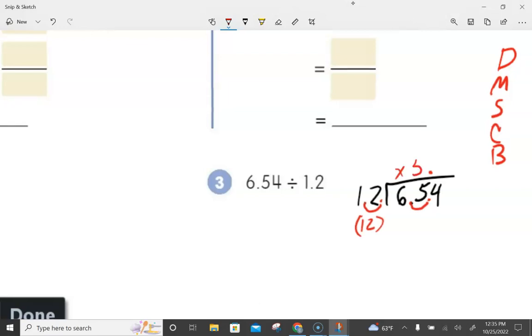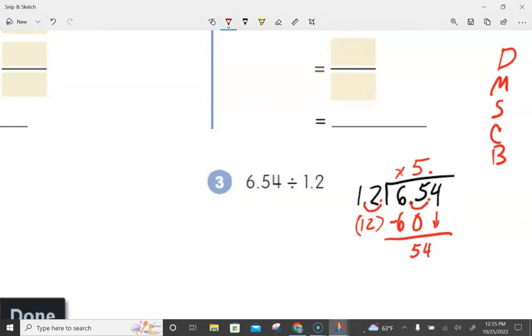It's going to go 5 times. So we divide. Now it's time to multiply. 5 times 12 is 60. We subtract. 5 minus 0 is 5. We check. 5 is less than 12. And now we bring down our 4.